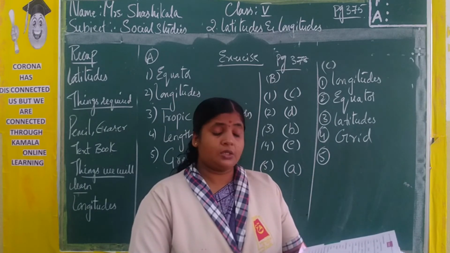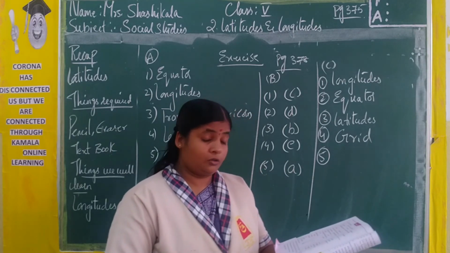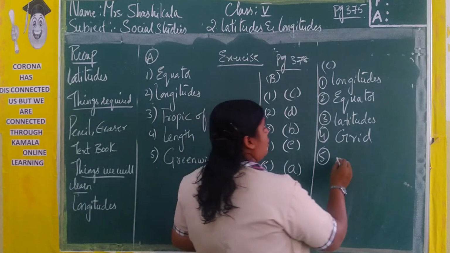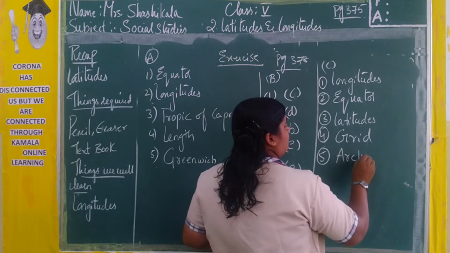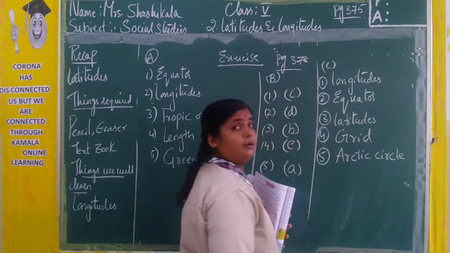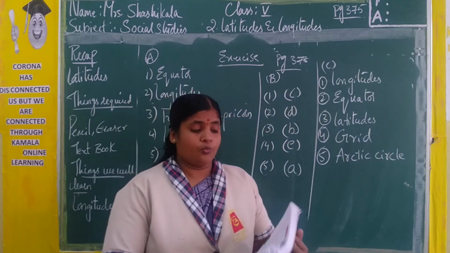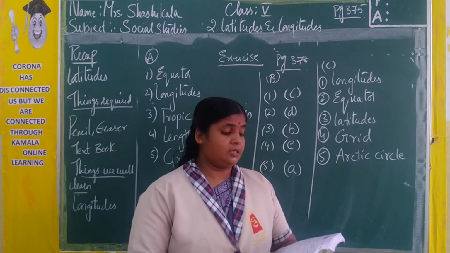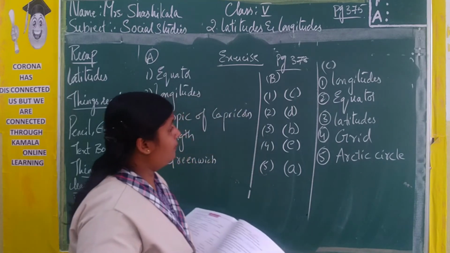The latitude is 66.5 degree north. If it is north, Arctic Circle. If it is south, it is the Antarctic Circle. So, moving to the last bit of the lesson, that is the D bit, filling the blanks.